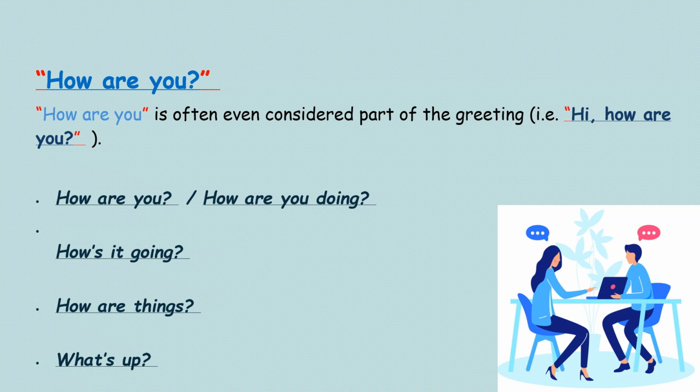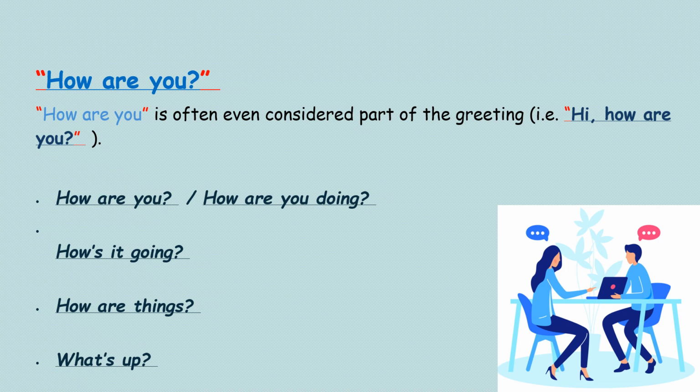Next is, how's it going? We have shortened it, using a contraction: how's it going? That is more informal. You can use it with your friends, close cousins.